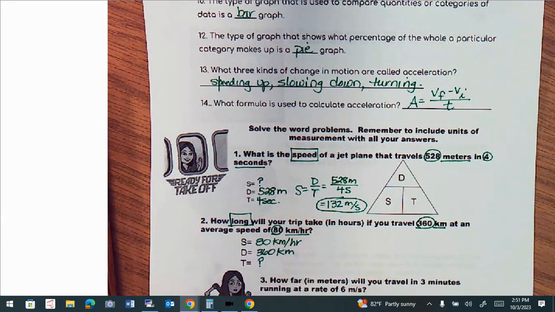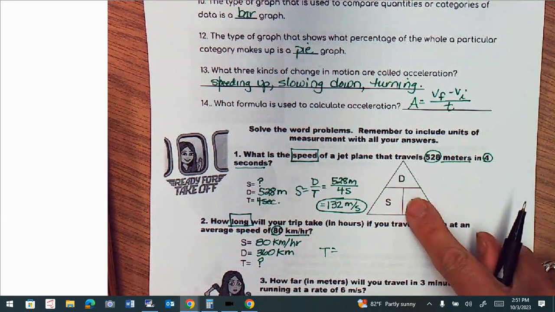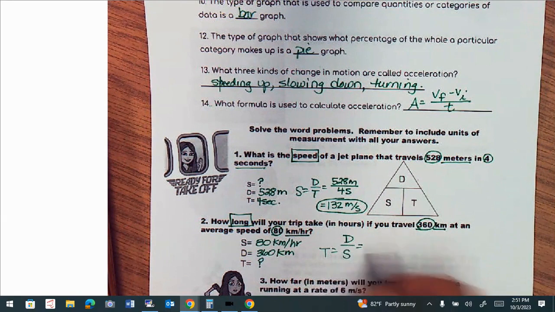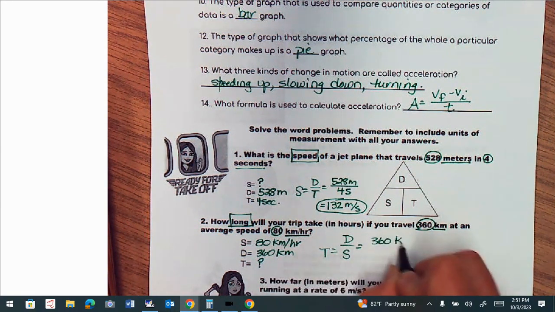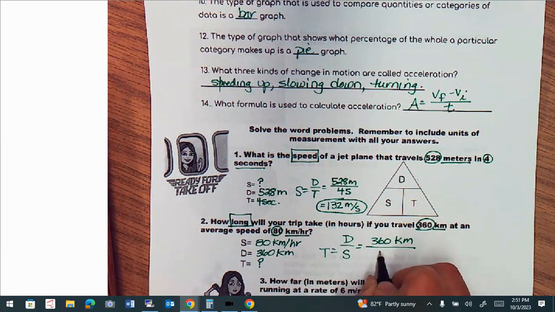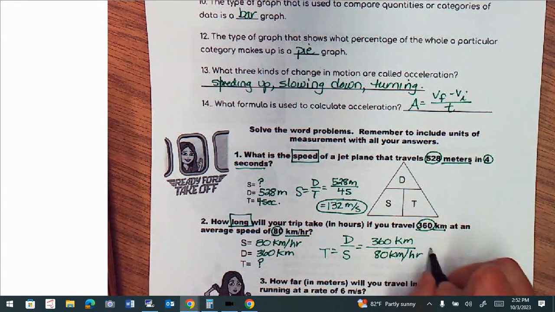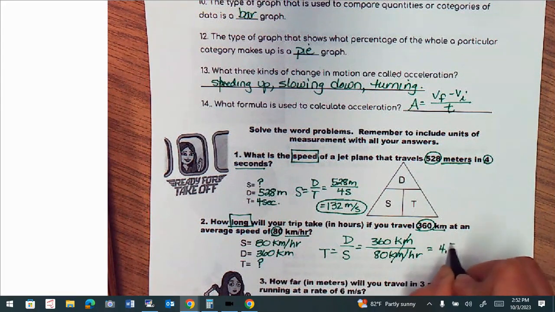Time, cover up what you're trying to solve for, is distance divided by speed. Substitute distance with your unit and your speed value with its unit. As you can see, your kilometers cancel out and you're left with hours, which is a unit for time, 4.5 hours.